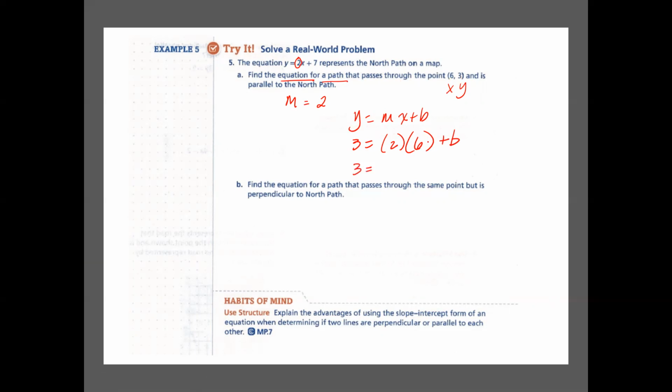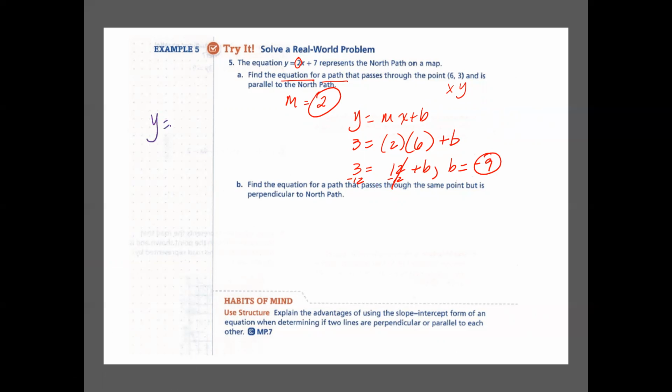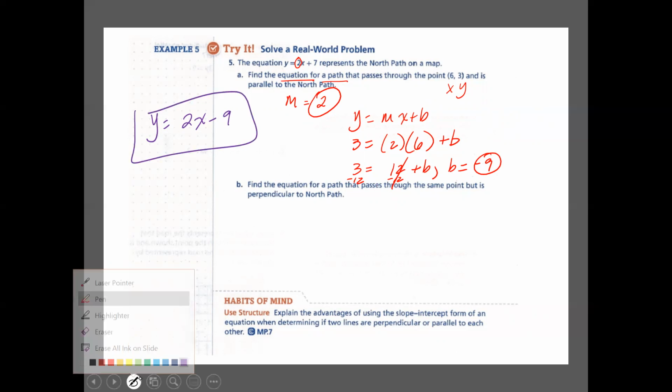Let's simplify. 2 times 6 is a 12, plus b. If I were to solve for b, I will have to subtract 12 on both sides, which means 3 minus 12 is a negative 9. Now that I have my b and my slope, I can now put this into the equation. y equals the slope of 2x minus 9. And this is my equation.